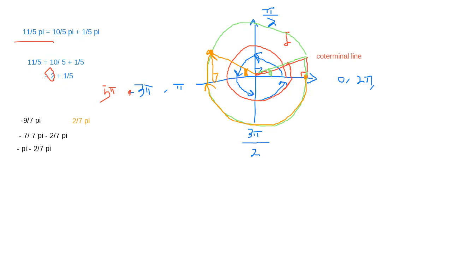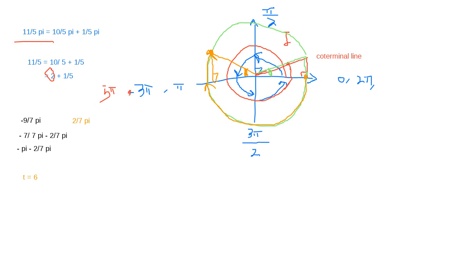Let me use a black color. So what about 6? 6 is in radian form. That means 6 radians. Pi equals 3.1415 and so on.